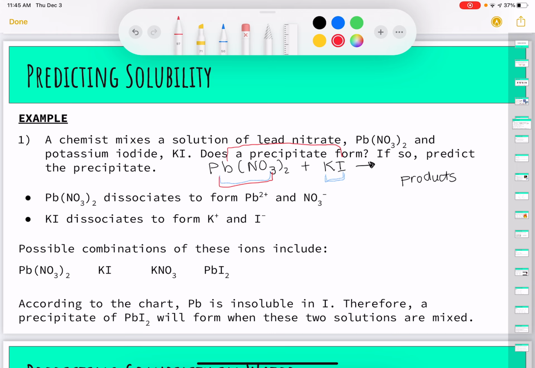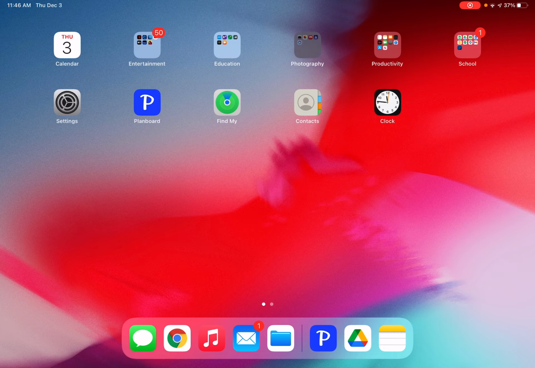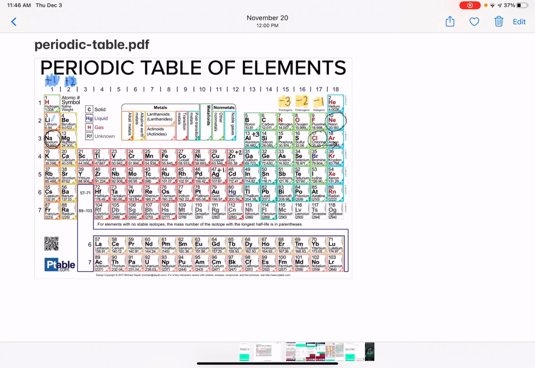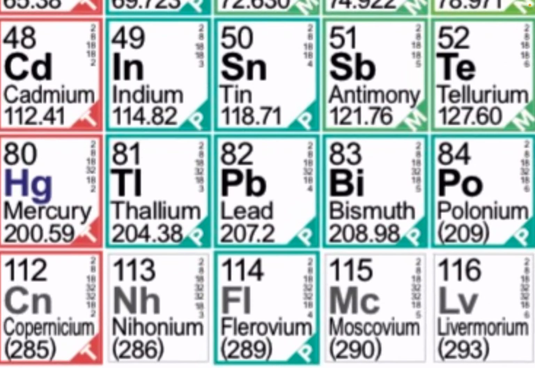Why iodine and not potassium? Well, it's got to be a metal and a non-metal. And lead is a metal and iodine is a non-metal. And just to show you I'm not making this up, if we go over to here, we see lead is number 82.